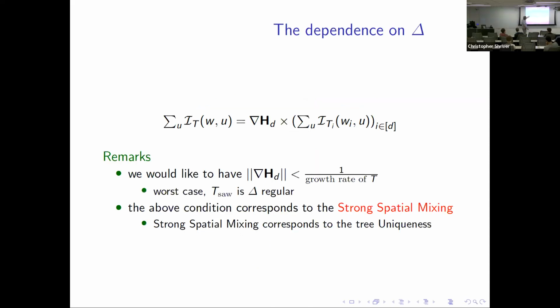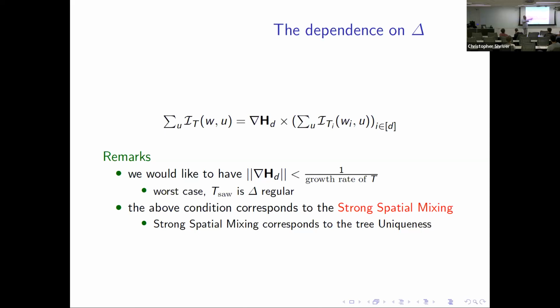So what I want at the end of the day in this recursive relation is to find some norm for the gradient of H that is smaller than the growth rate of the tree. In the worst case, the tree is delta-regular, and we want to find a norm that is smaller than 1 over delta minus 1. If you do this exercise, you're proving strong spatial mixing, and because we know that strong spatial mixing is uniqueness, you prove uniqueness for your measure also.